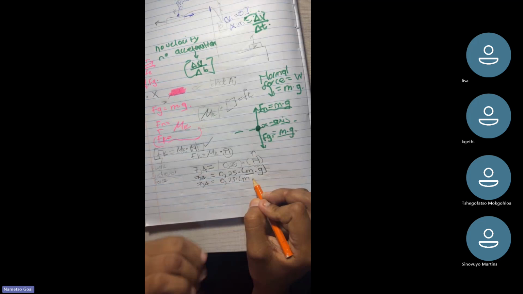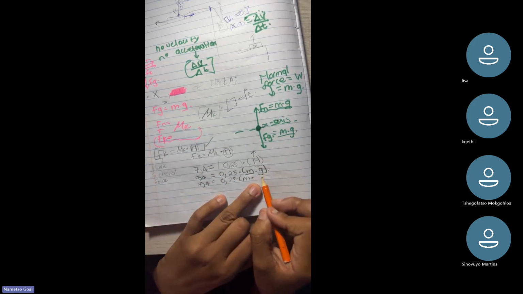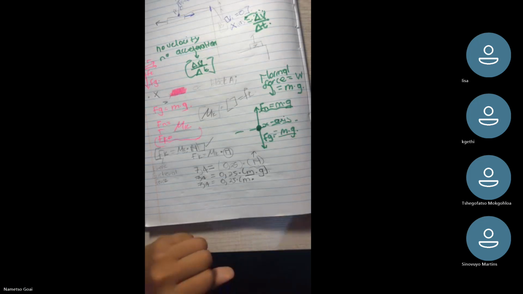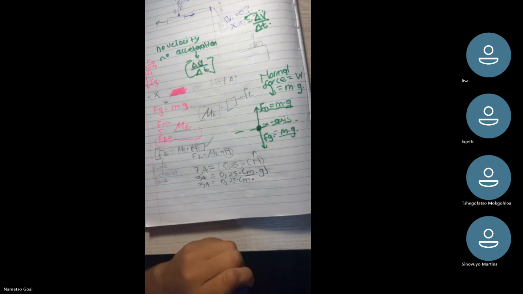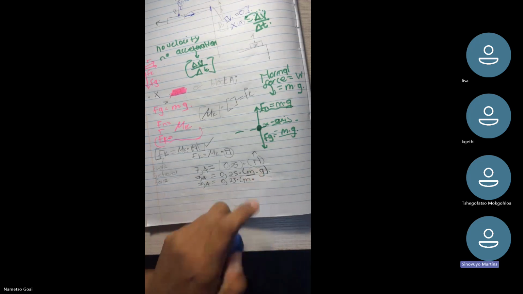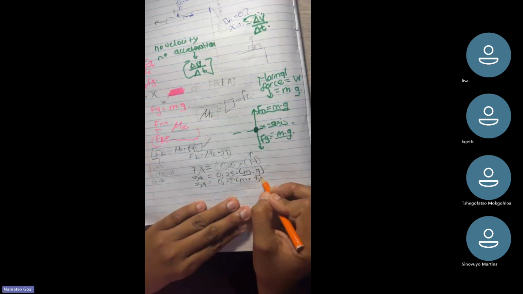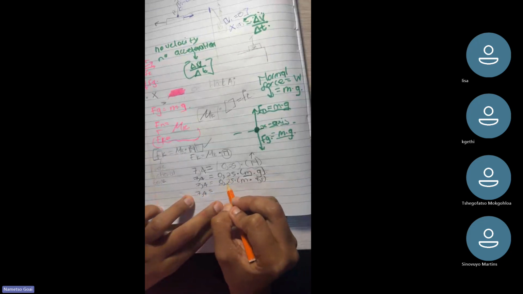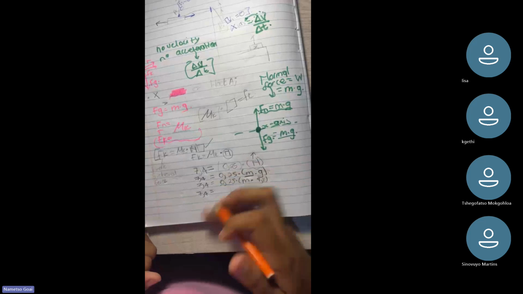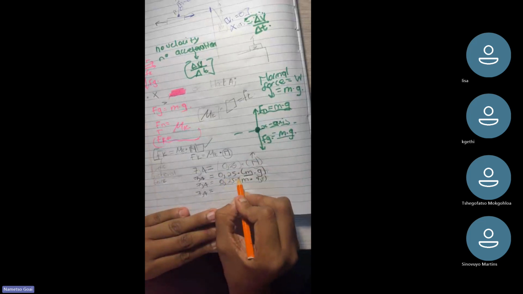So we have mass times what is our G? 9,8. So we're going to have 7,4 equals, multiply this 0,25 into the brackets, right? So we'll have 0,25 multiplied by m. What is it going to give us?